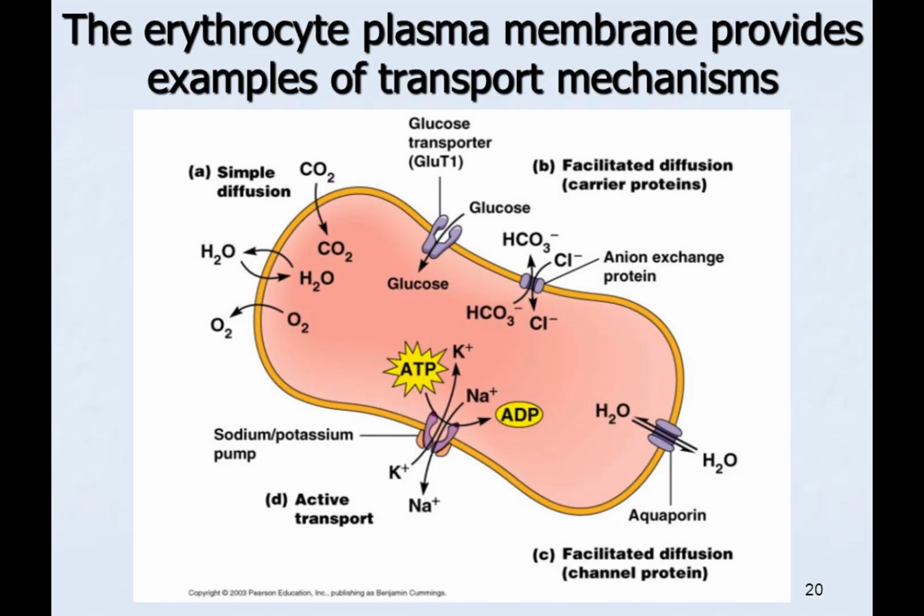Here's one more example. Erythrocyte is your red blood cells. Here you've got carbon dioxide and oxygen and water moving through simple diffusion. You have carrier proteins helping with glucose transport and bicarbonate and chloride anion exchange.